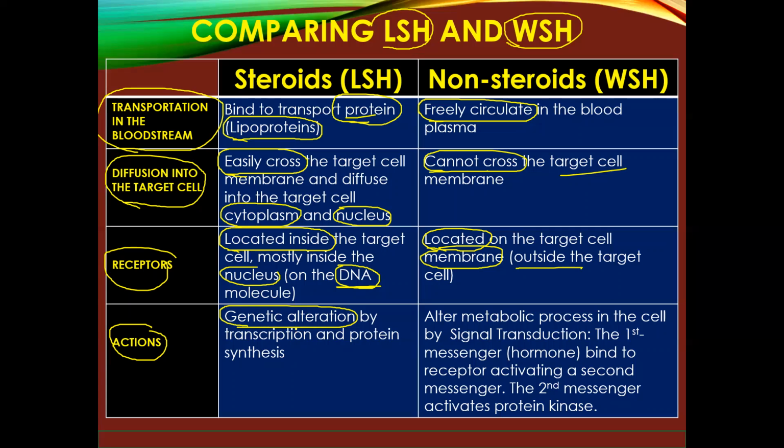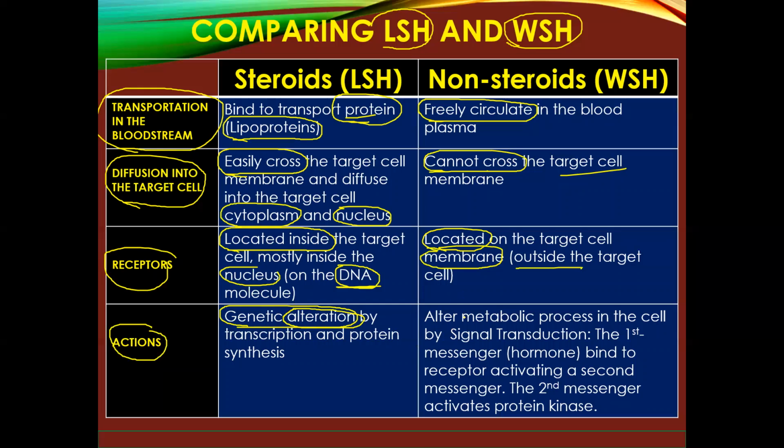If this estrogen, for example, enters a male's body, what happens? It will alter the genes of the male, becoming a little bit like a female, because the action of lipid-soluble hormones is altering the gene.